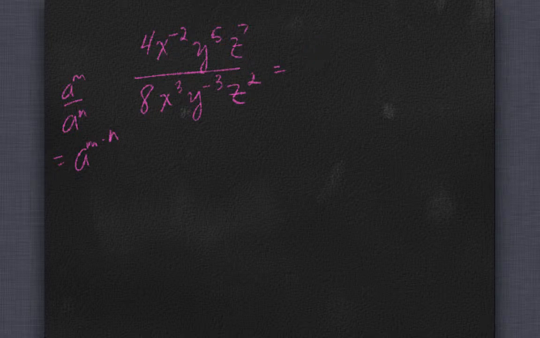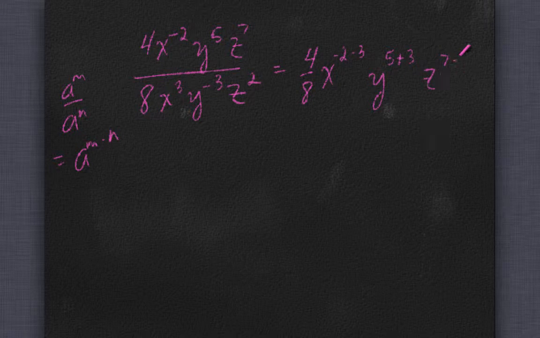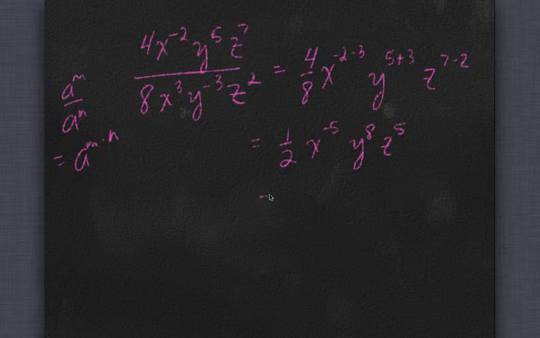So I would do the 4 over 8 separately, and then say I have x to the negative 2 minus 3, y to the 5 minus a negative 3, z to the 7 minus 2, that's 1/2, x to the minus 5, y to the 8, z to the 5.